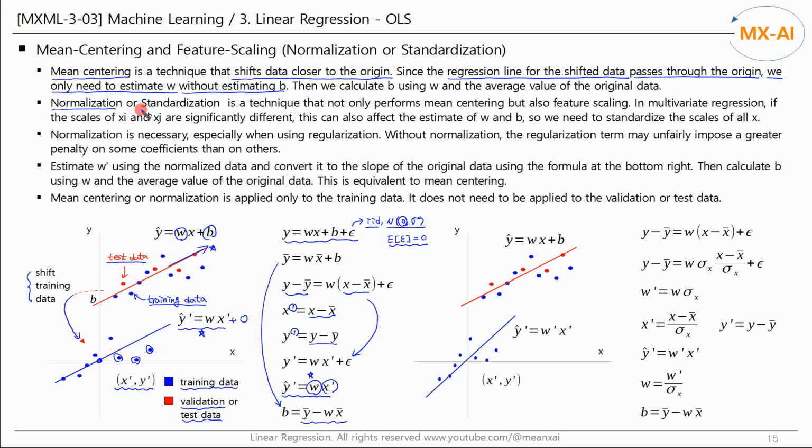Normalization or standardization is a technique that not only performs mean centering, but also feature scaling. In multivariate regression, if the xi and xj feature values have significantly different magnitudes, this may also affect the estimates of W and B. If feature x1 has small values and feature x2 has large values, the effects on W1 and W2 will be different.